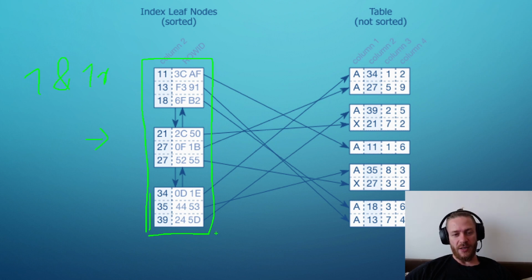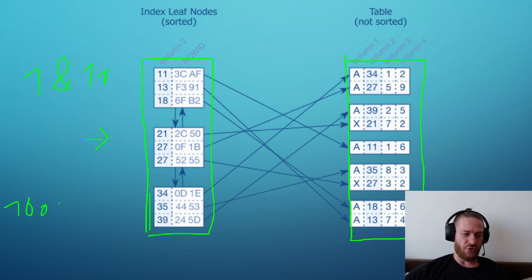It will of course be more efficient to search in a sorted collection than an unsorted one, but still we need something better, because if we want to search, for example, an entry with value 100,000, which is quite at the end of the sorted index, we will still need to search every entry.